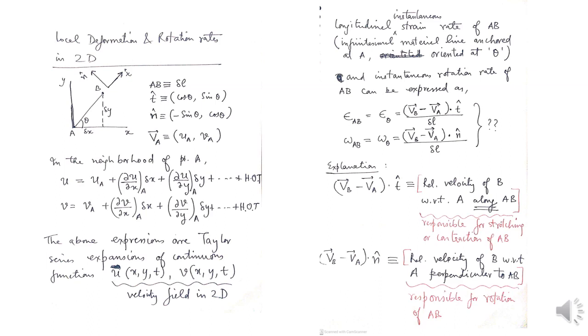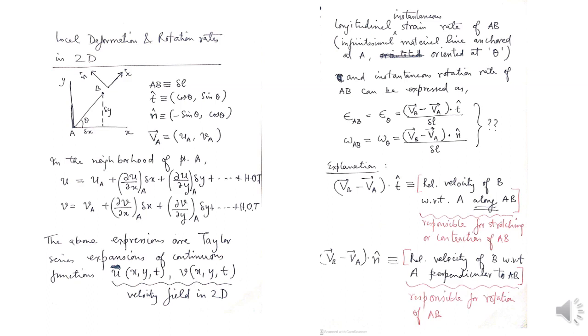Now what we do here is that since we are restricting ourselves to a very small, tiny, infinitesimal material line portion, our delta L is, in the sense of calculus, infinitesimal, or very, very small. So if delta L is small, obviously delta x and delta y are also going to be very, very small.